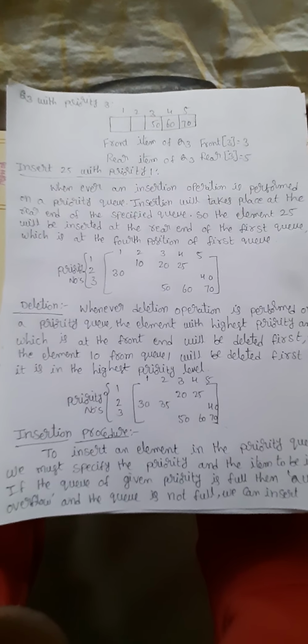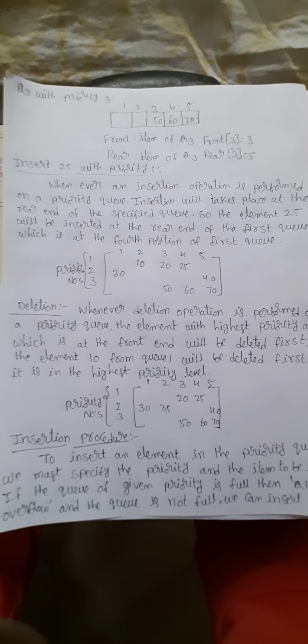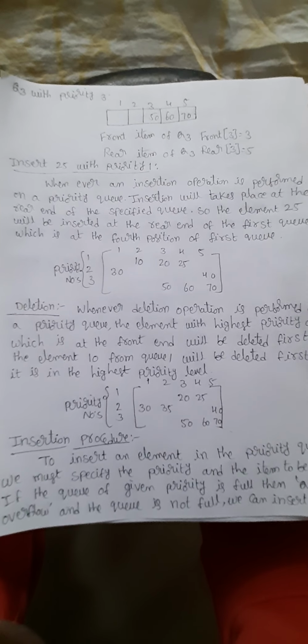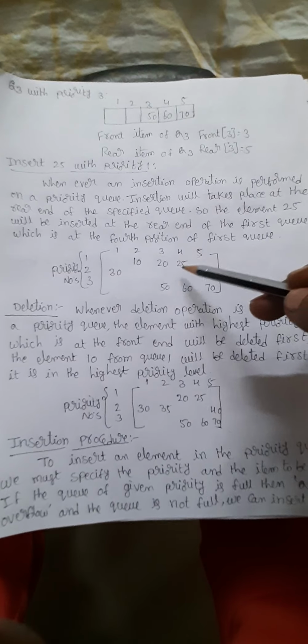Whenever you want to perform an insertion operation on a priority queue, the insertion will take place only at the rear end of the specified queue. Here the element that I have given as 25 will be inserted at the rear end of the first queue. Rear end of the first queue means, as we have already seen, the front is in the second position and the rear value is in the third position.